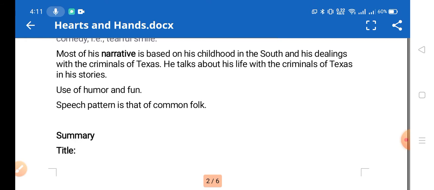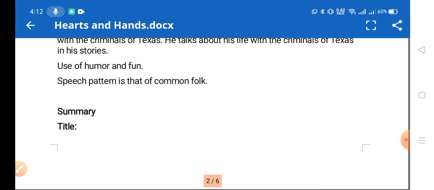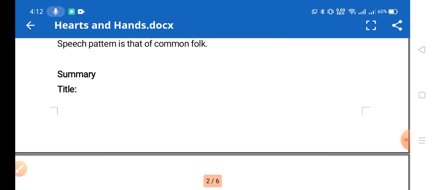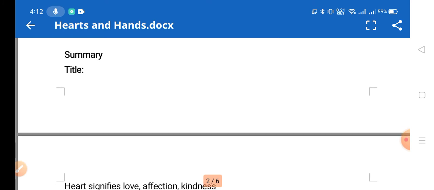And he talks about his life with the criminals of Texas in the stories. And the use of humor and fun is there, and his speech pattern is that of common people, peasant life. Let's move to the summary of the story, and we'll begin with the title significance.